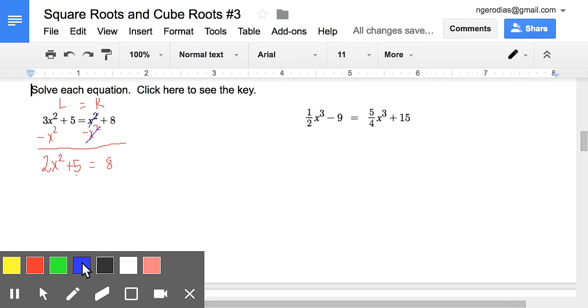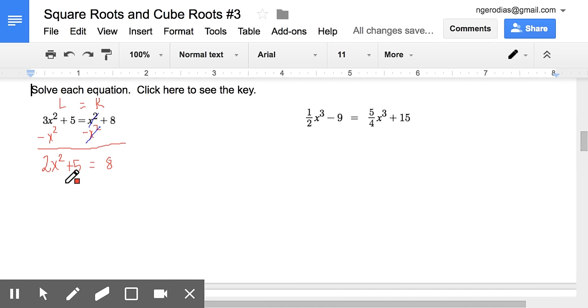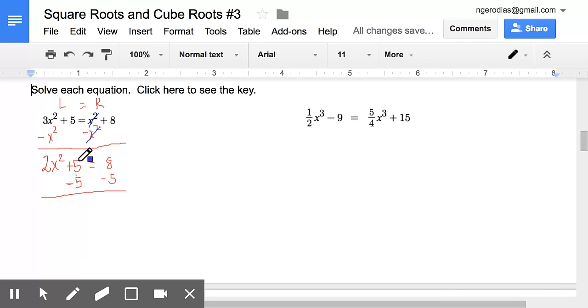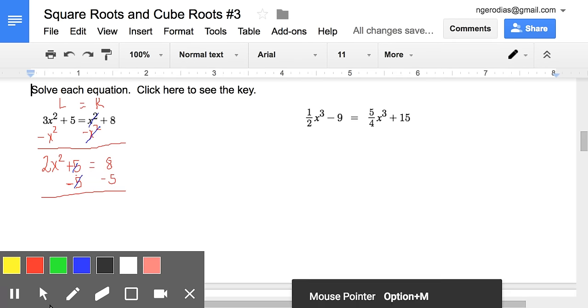So what we're going to do is subtract 5, take away the 5. So I'm going to take away the 5 from the left side, and I'm going to take it away also from the right side. So now plus 5 minus 5 becomes 0.